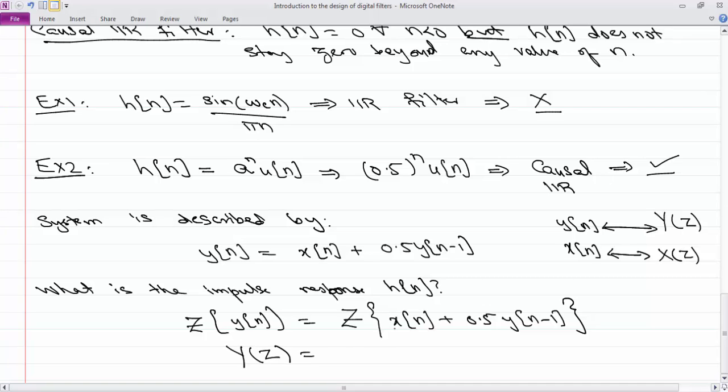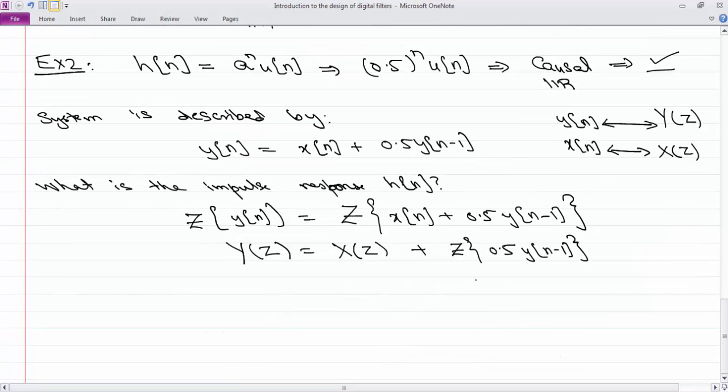Now Z transform is linear, so I can take the individual Z transforms of each term. So the first term's Z transform is X(z), plus I'm looking at the Z transform of 0.5 y[n minus 1]. Again, I use the linearity property, so that is simply 0.5 times the Z transform of y[n minus 1].